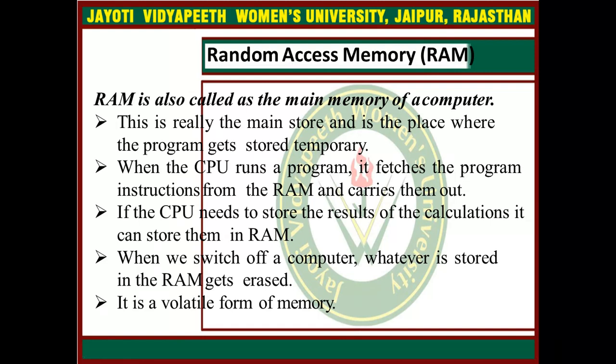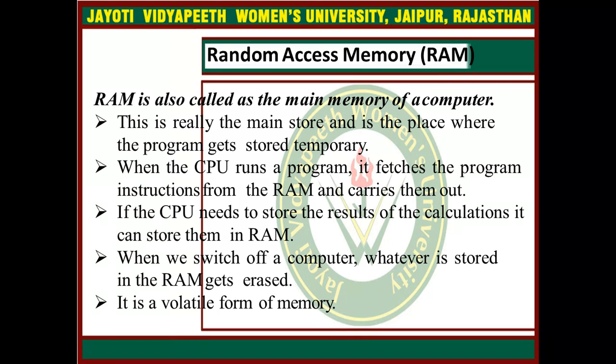Now come to the random access memory. RAM is also called the main memory of the computer. This is really the main store and is the place where the program gets stored temporarily. When the CPU runs a program, it fetches the program instructions from the RAM and carries them out. If the CPU needs to store the results of calculations, it can store them in RAM.